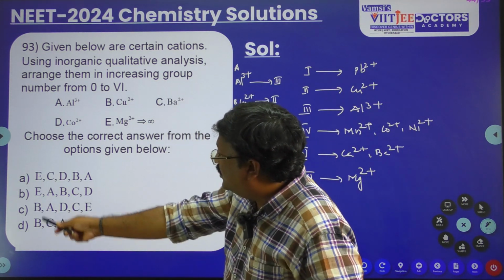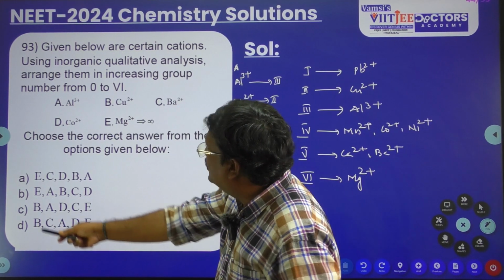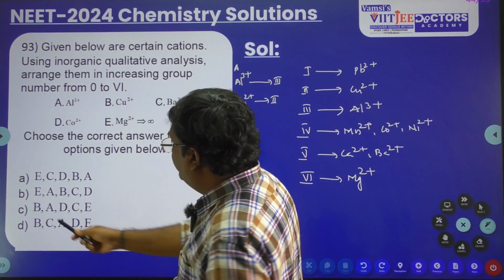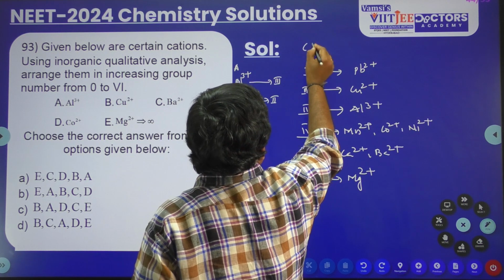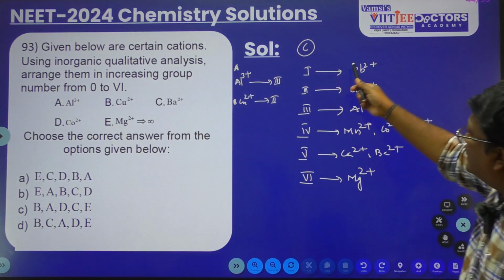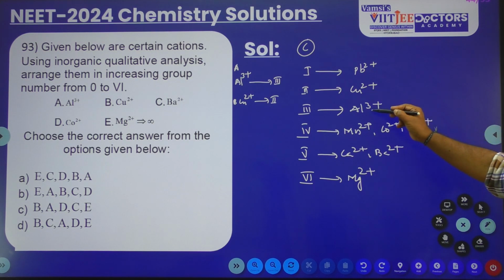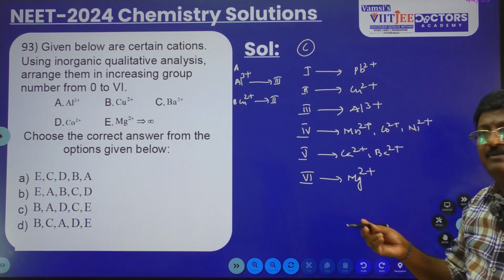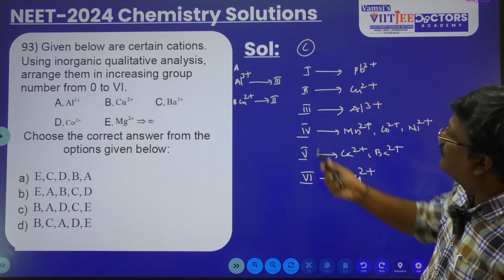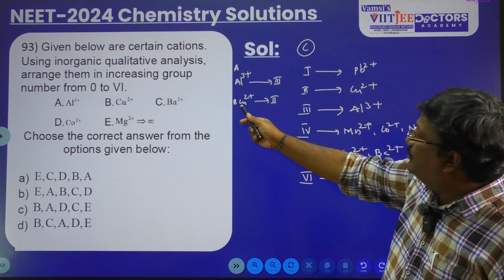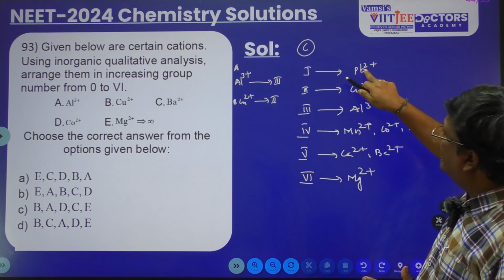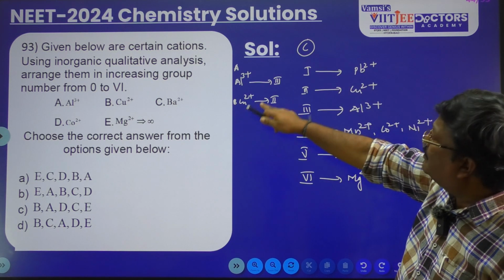B is there in both the options. Next A. So thus it is C, right? If you know this order, here lead is first group, copper is second group, aluminum third group, and so on. So based on this, we can find out, right? Here B comes first because lead is not given, copper is given, copper first.